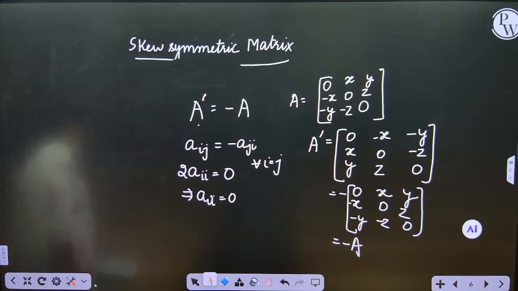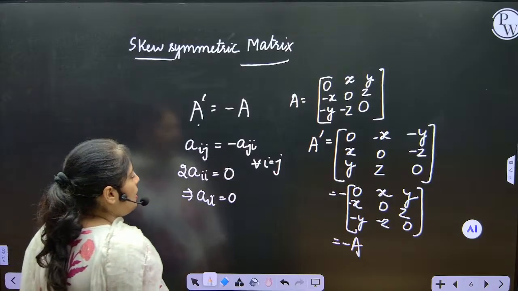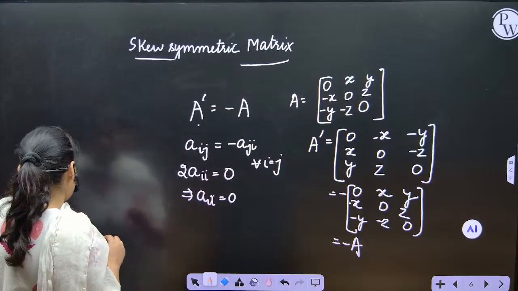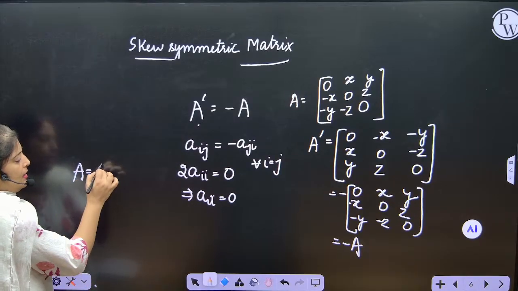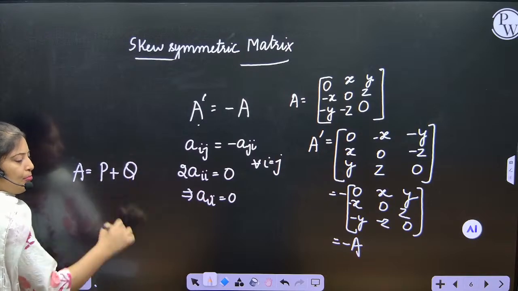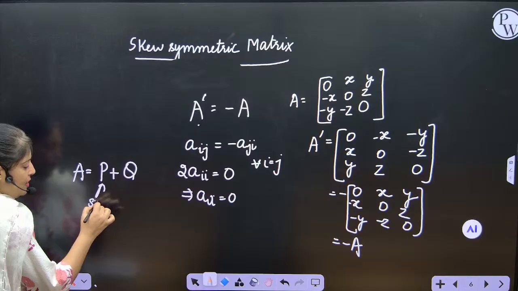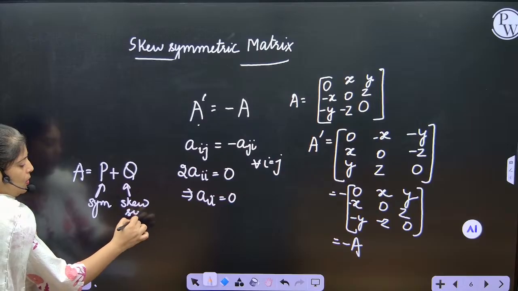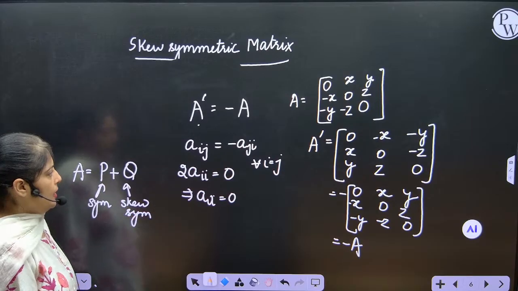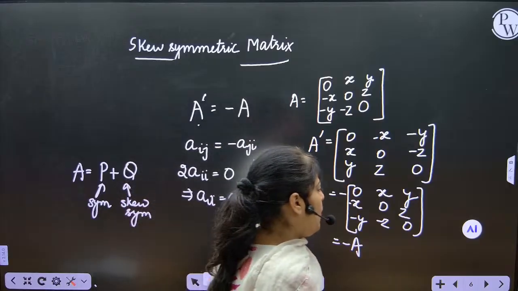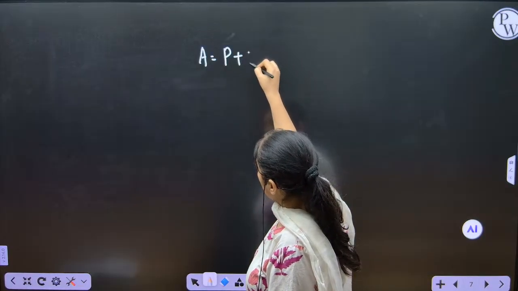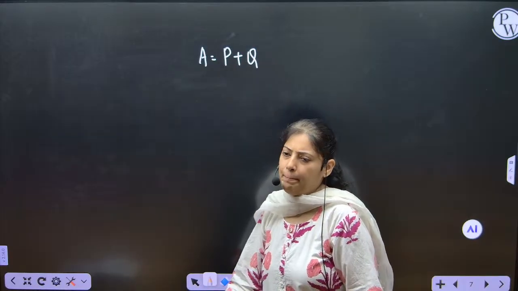As I said, every square matrix can be written as a sum of symmetric plus skew symmetric. Suppose any matrix A is given, this can be written as P plus Q, where P is symmetric and Q is skew symmetric. Now how it will happen, that I'll tell you. Just one property I'm using, it will be there in your NCERTs.